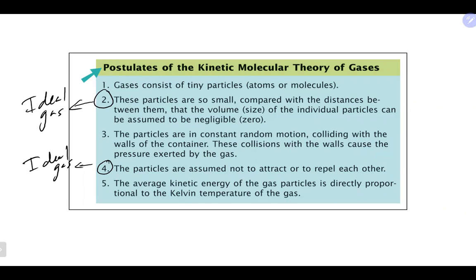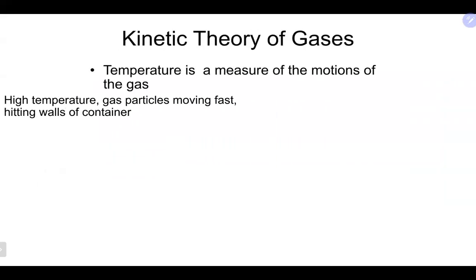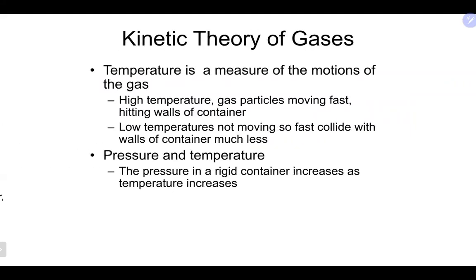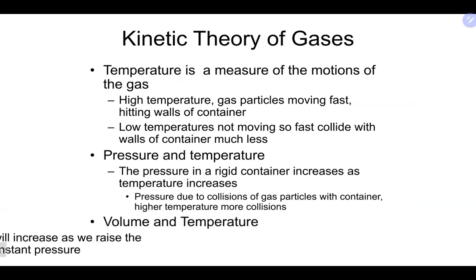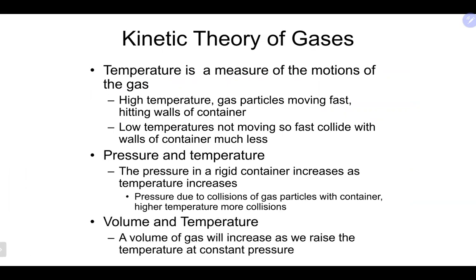And lastly, the average kinetic energy of a gas particle is directly proportional to the temperature in Kelvin. So as we talked about, as you increase the temperature, we see the gas molecules move a lot faster, and vice versa. If you lower the temperature, we will see the gas molecules really kind of slow down. Here are some of the relationships we talked about in those gas laws.